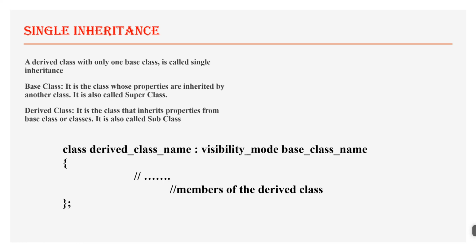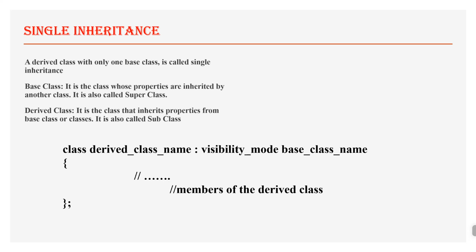Okay, a derived class with only one base class means some of the properties of only one class, that is called a base class, is inherited, and such a kind of inheritance is called single inheritance.